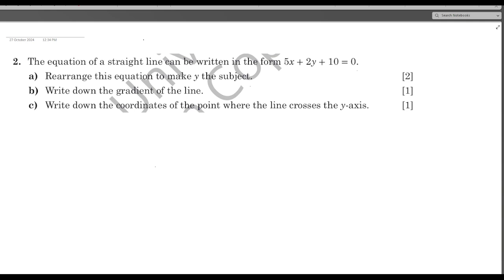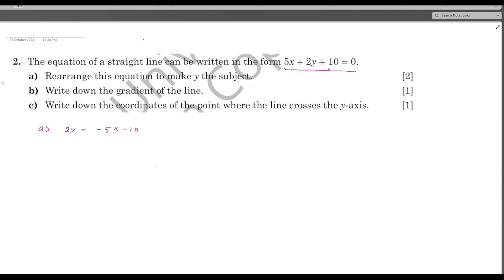Second question, the equation of a straight line can be written in the form 5x plus 2y plus 10 equal to 0. Rearrange this equation to make y the subject. So for part A, you have 2y equals minus 5x minus 10. I hope no one has any difficulty in writing this. What we are doing is subtracting 5x on both sides of this equation.